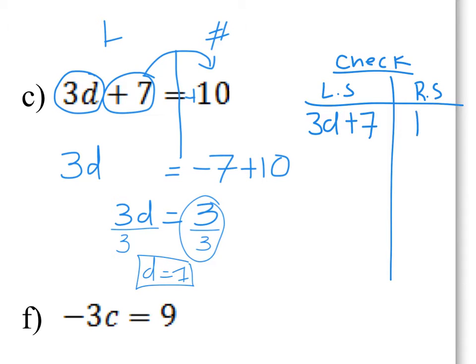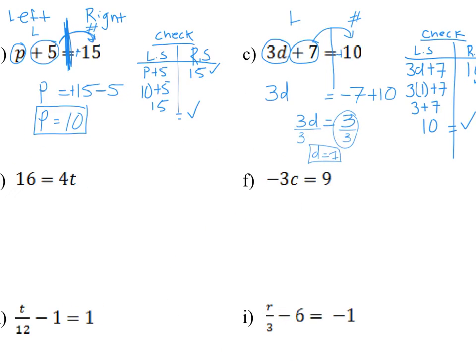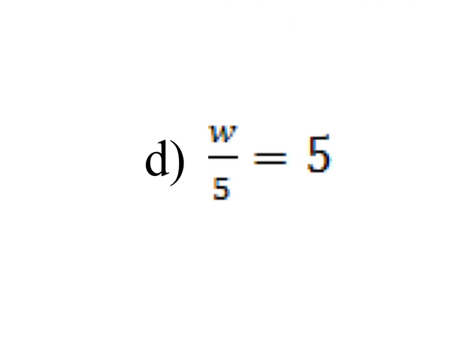On my right side, 10. 3 times D, which is 1, plus 7. We'll use BEDMAS to solve, or we can just use our two-line calculators. 3 times 1 is 3. 3 plus 7 is 10. The left side and right side are both equal to 10. Our solution for D is correct. Let's continue on with some more examples.